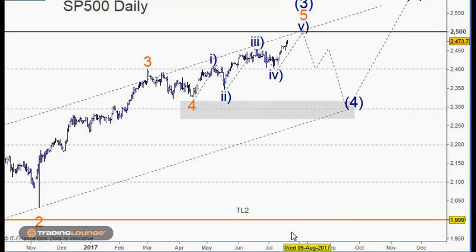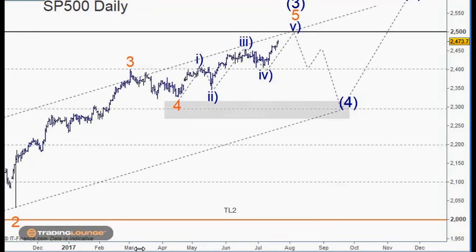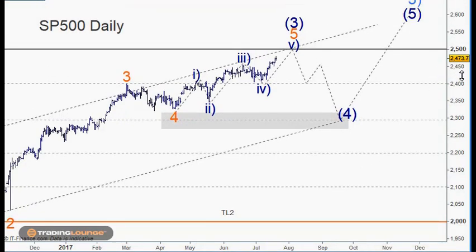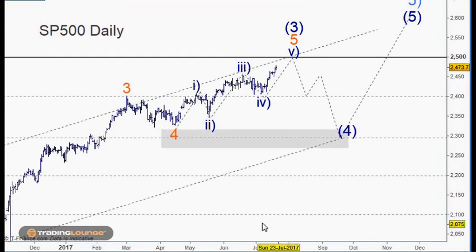That's kind of expected across Asia as well at that point, and Europe. So in this case, from wave 4 here, we've looked at 1 and 2 and 3 and 4 and 5 coming into play here.